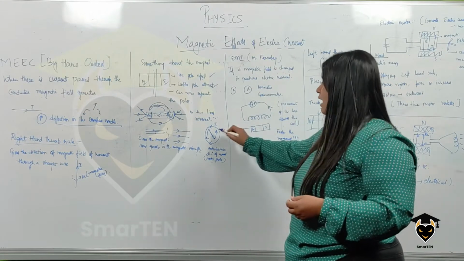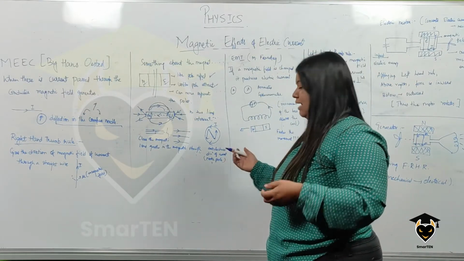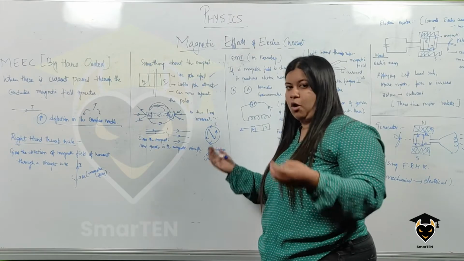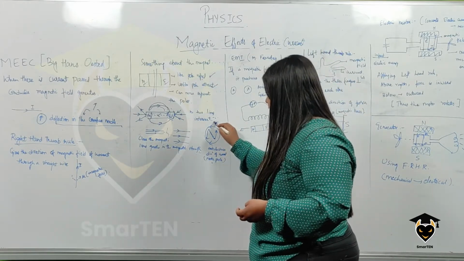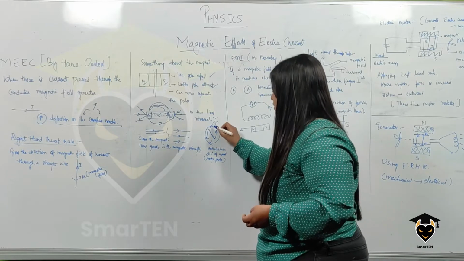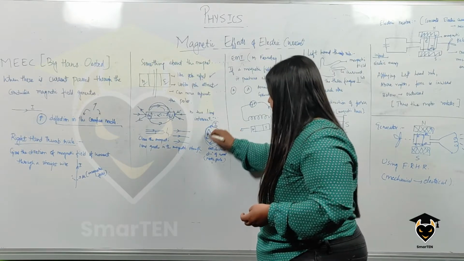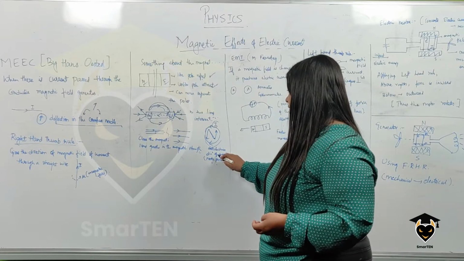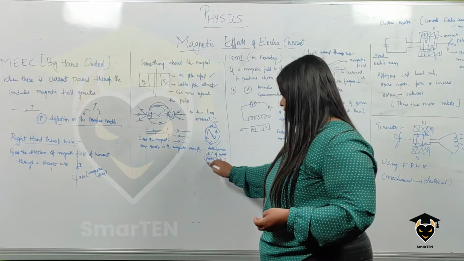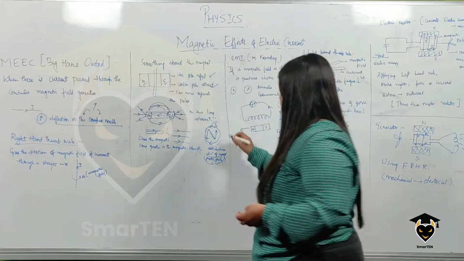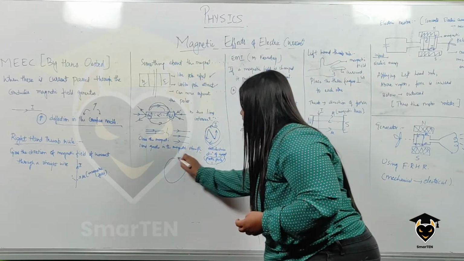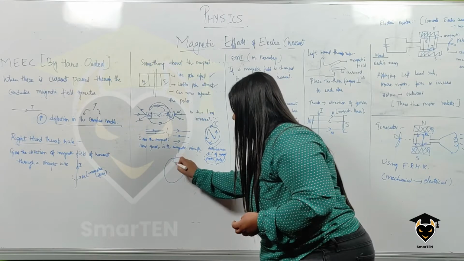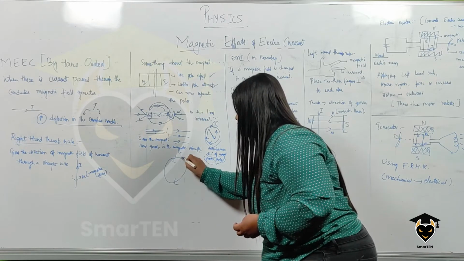Now, we can also know the polarity in terms of clockwise and anti-clockwise current direction. If the current is flowing in an anti-clockwise direction, then that face is the north pole. An easy way to remember this: draw a circle and show the anti-clockwise direction of the current.